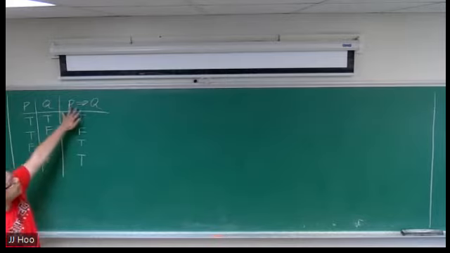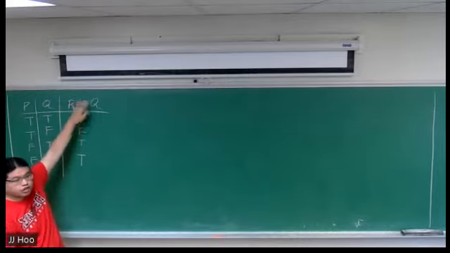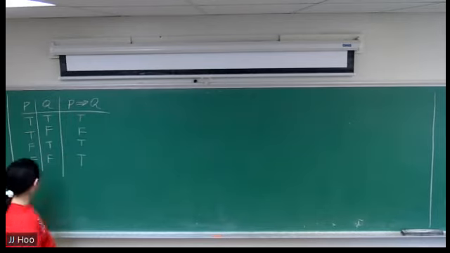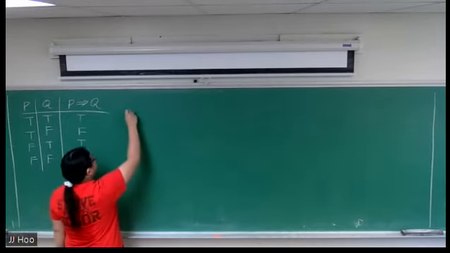So instead of just looking at this statement, we look at the intersection of the row and the column. So for instance, let's use a concrete example here.